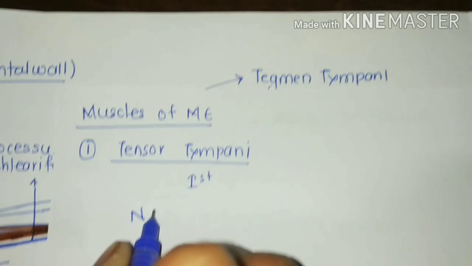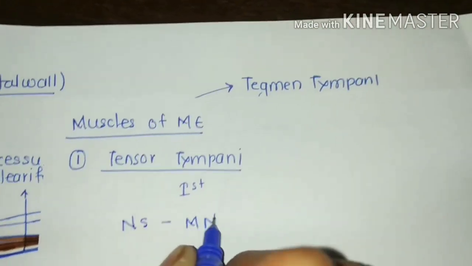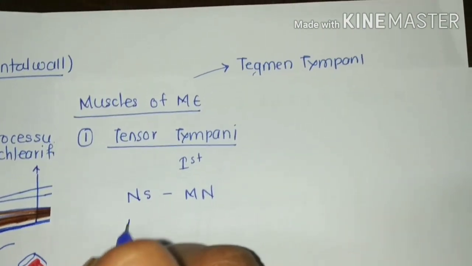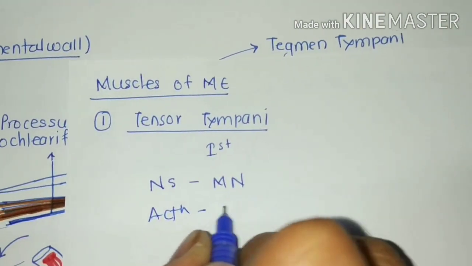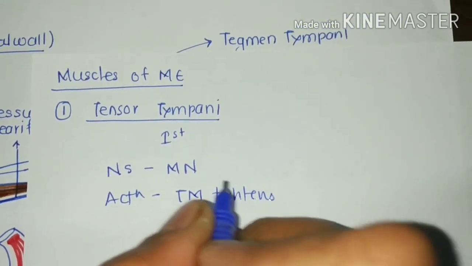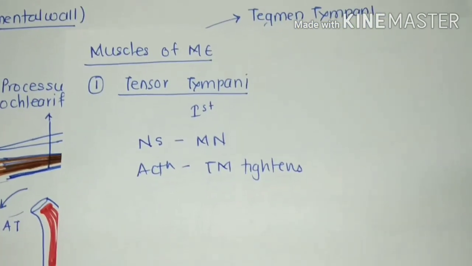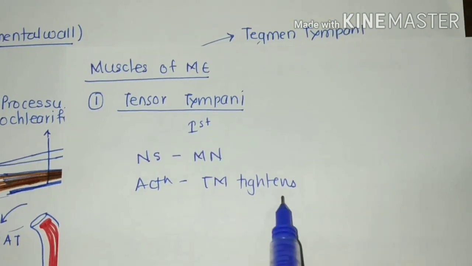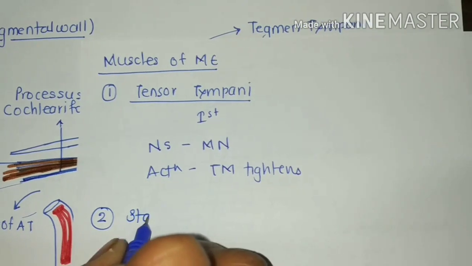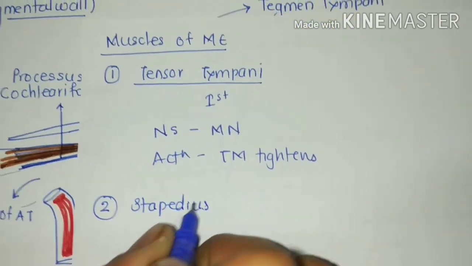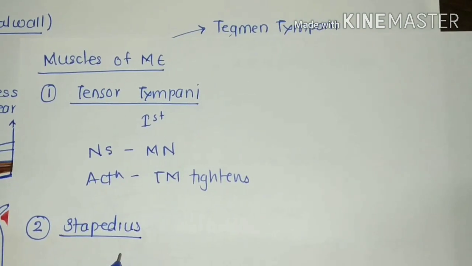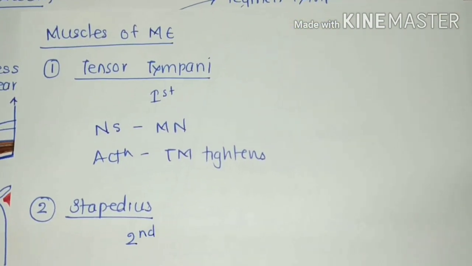As a muscle of the first branchial arch, it is supplied by the mandibular nerve. And what is its action? Its action is to tighten the tympanic membrane. It draws the handle of malleus medially and tightens the tympanic membrane. Then the second muscle, the stapedius muscle, is from the second branchial arch.